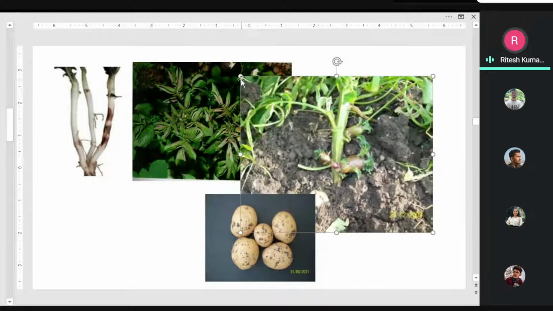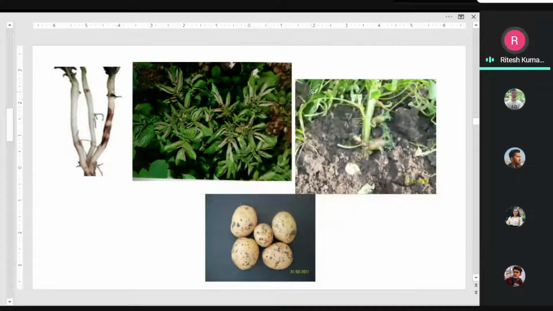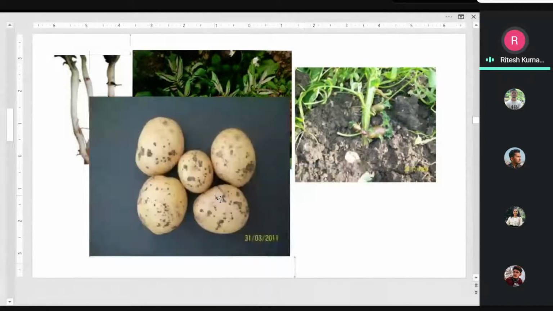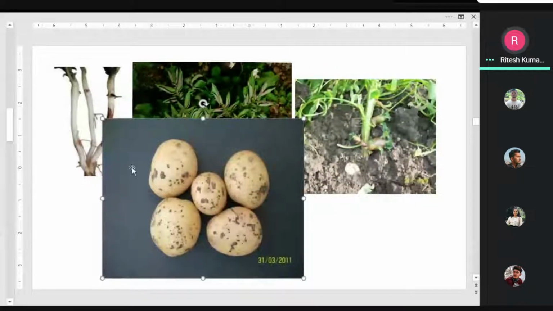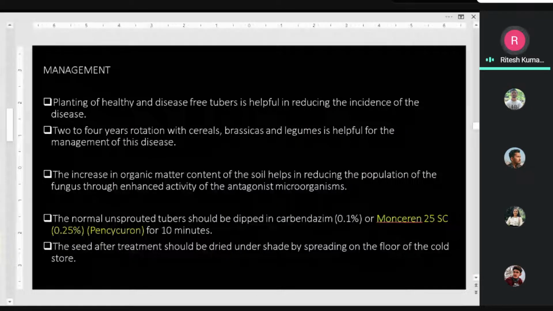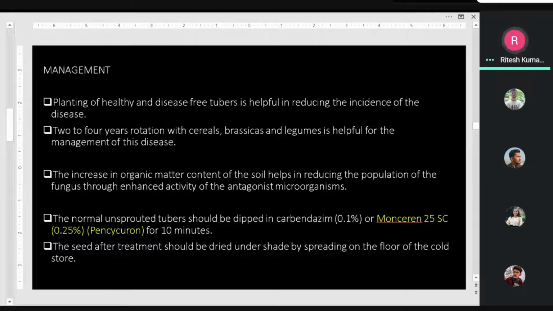This is very rare, but still these are some reported symptoms. The black scurf phase does not generally reduce the yield, but it is still very important. Crop rotation is very important.